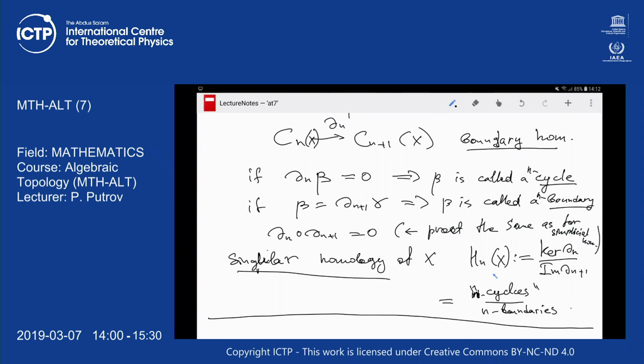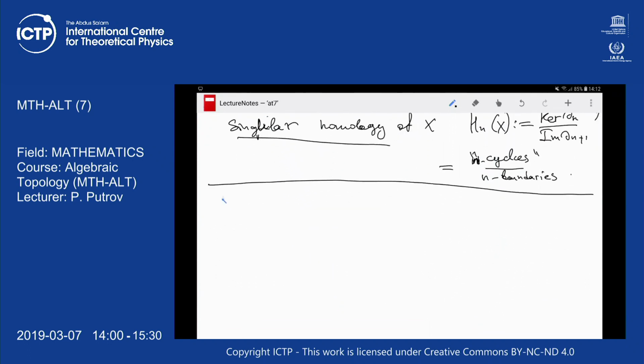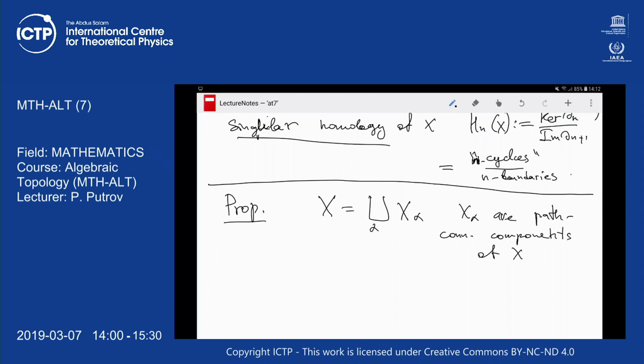So what are the easiest, most basic properties which you can immediately show? Let's show the following proposition. Let X be the disjoint union of X alphas, where X alphas are the path connected components of X. Any topological space can be decomposed as a disjoint union of its path connected components.